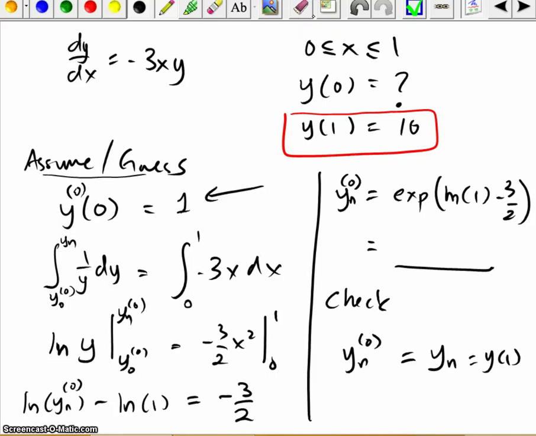Okay, so if this value is equal to 10, what this means is that your y0 of 1 is your exact initial guess, because when you solve it, your boundary value is the same as the boundary value given by the problem. But if it's not the same, it means that your guess is not correct.